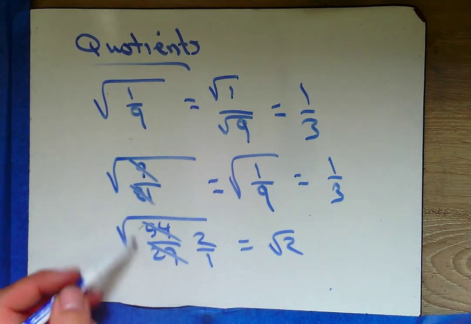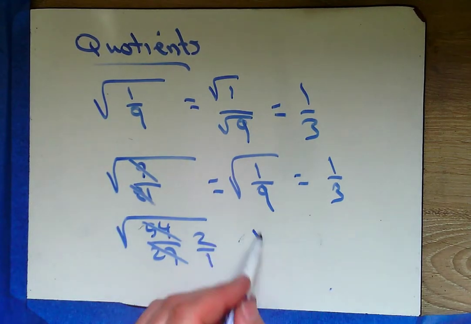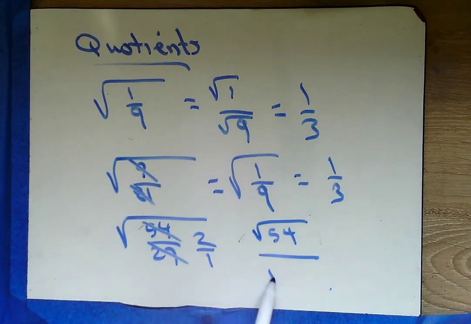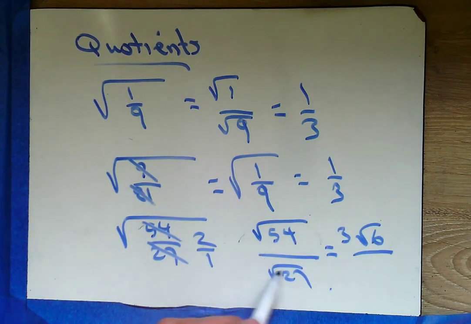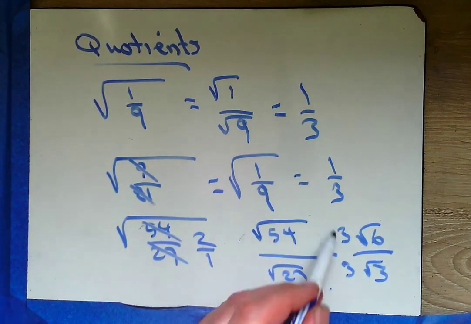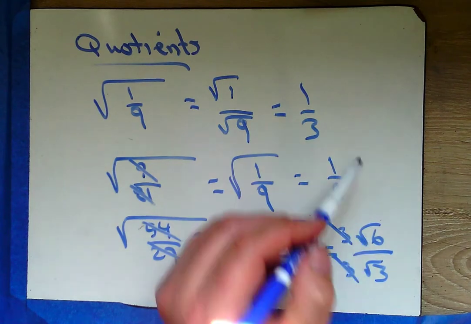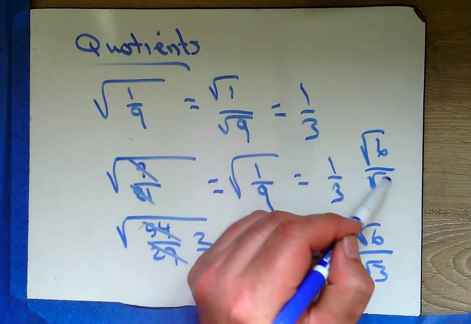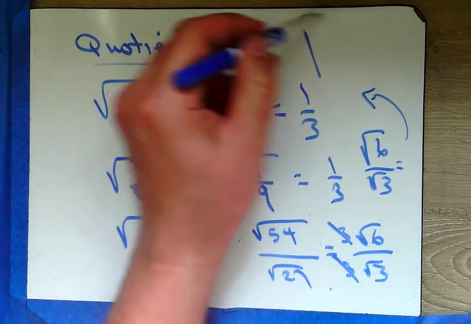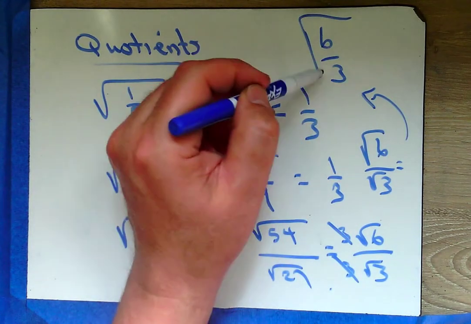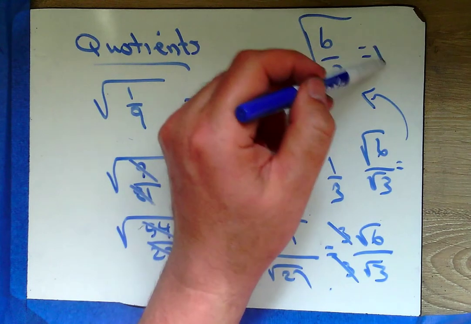I don't need to split this up into two radicals. I think it's more work in this problem to split these up like this, and then to simplify them: 3 root 6 over 3 root 3, and then you have root 6 over root 3. And what am I going to do? Well, I'm going to put that all under one radical, and that's just going to be the square root of 2.